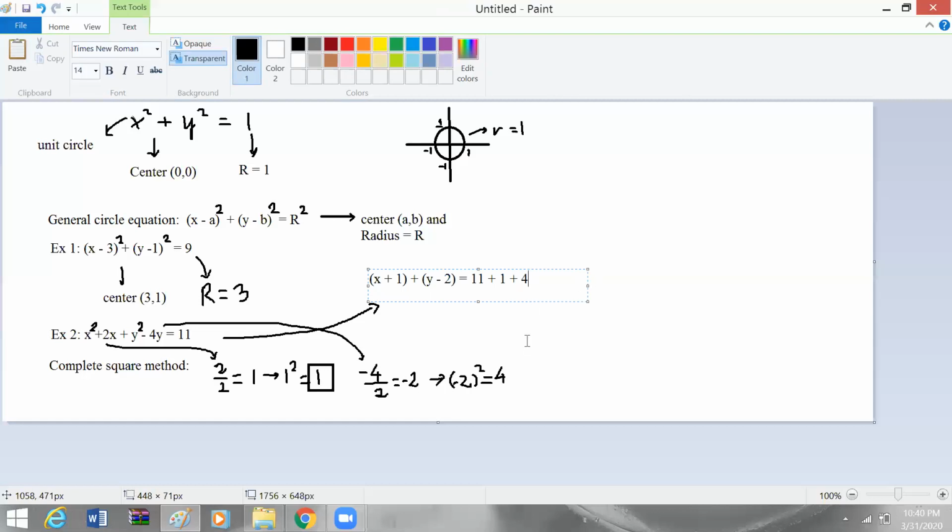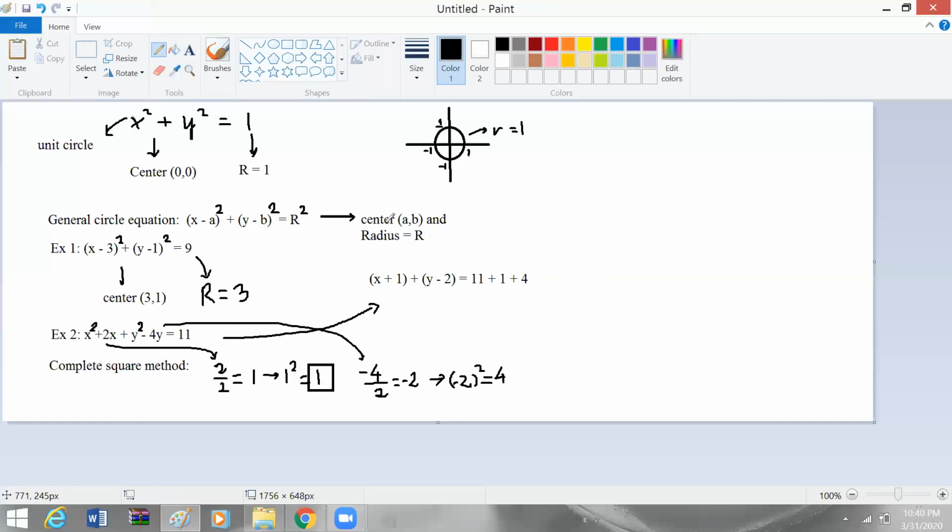Let me just indicate that a lot better so I don't get us confused with all of these arrows.